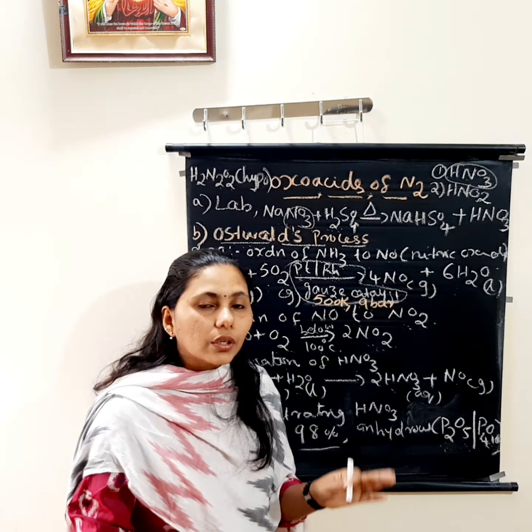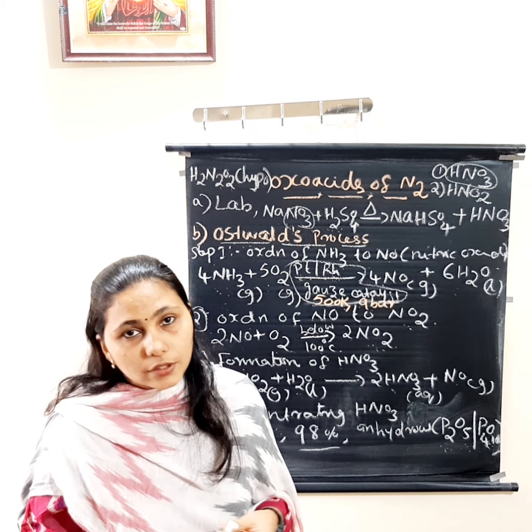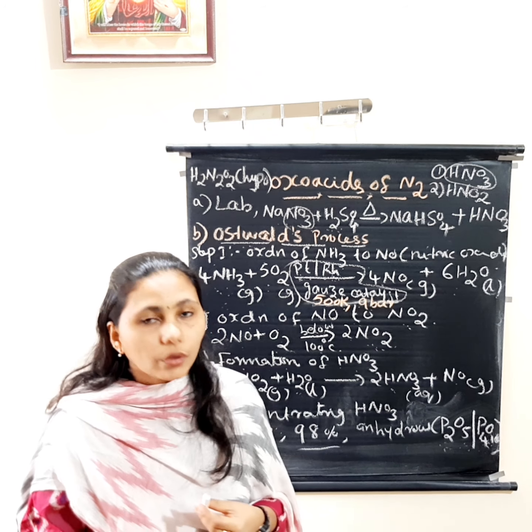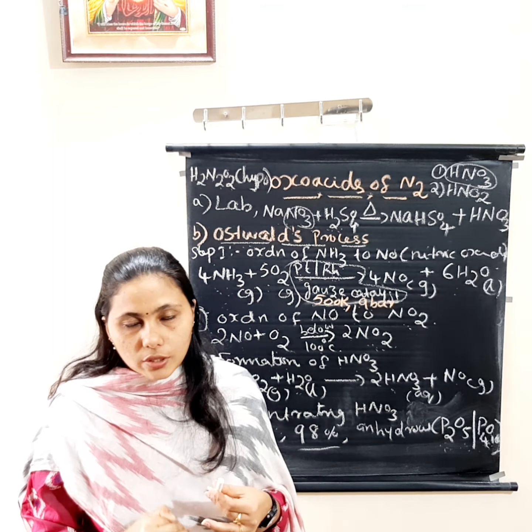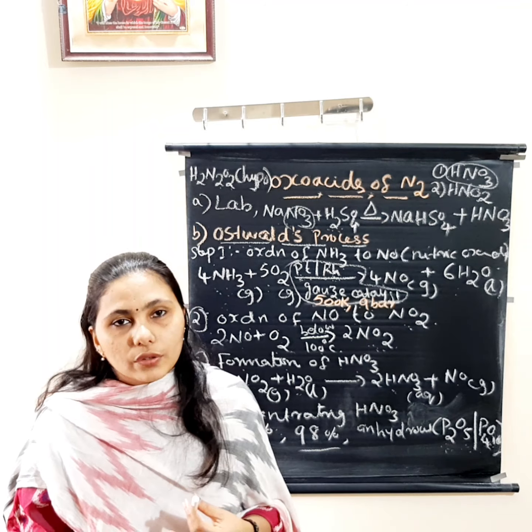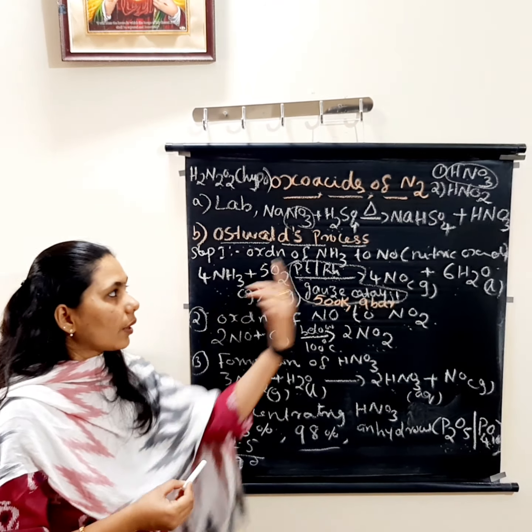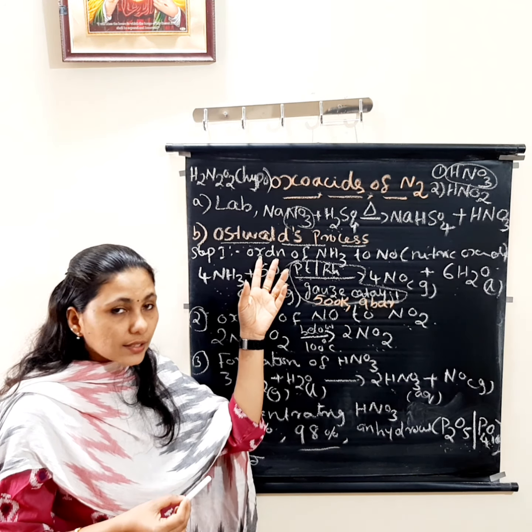So concentration means first we do distillation, then we get 68.5% nitric acid. Then again concentrate using concentrated sulfuric acid, and we get 98% concentrated nitric acid. Then anhydrous nitric acid is obtained by treating with phosphorus pentoxide.